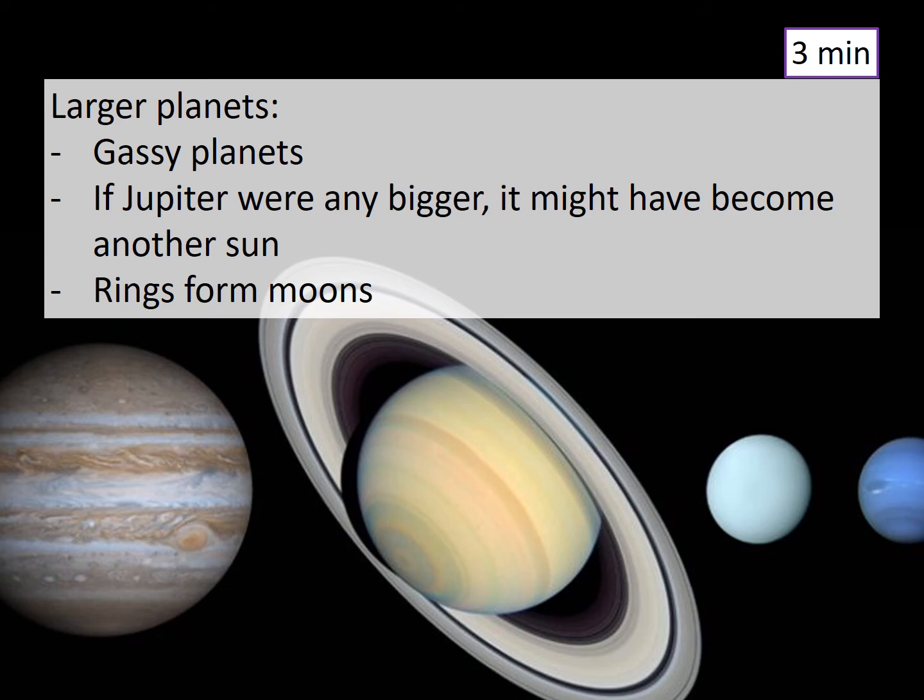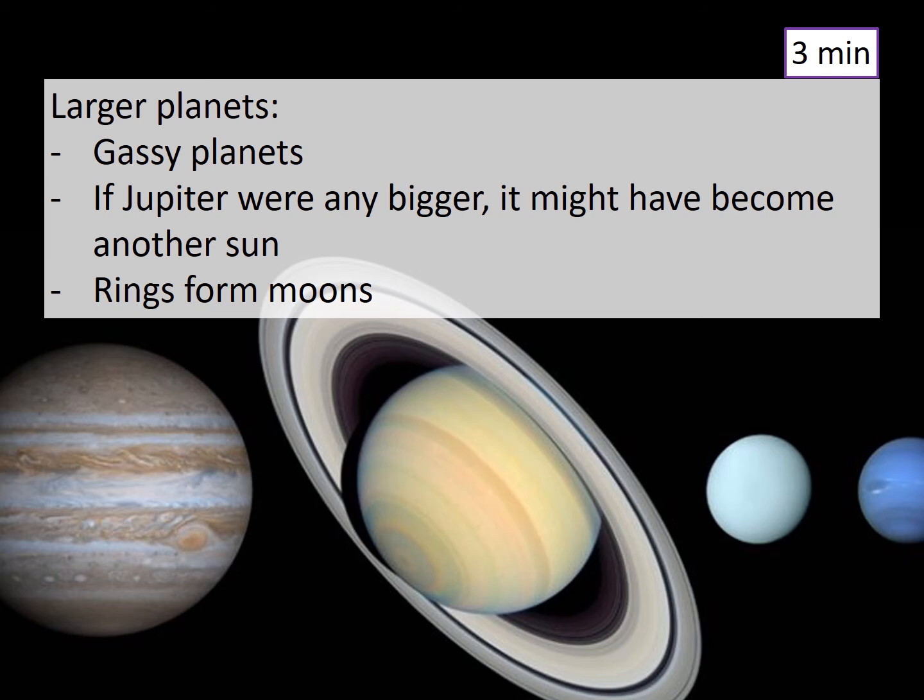And a lot of the planets have got rings around them, so we can see Saturn's rings with large binoculars or a small telescope, but the other planets also have rings around them, but maybe not big enough for us to see. And those rings are formed of dust particles and rocks, and over time they come together and they're pulled together by gravity and they make moons.